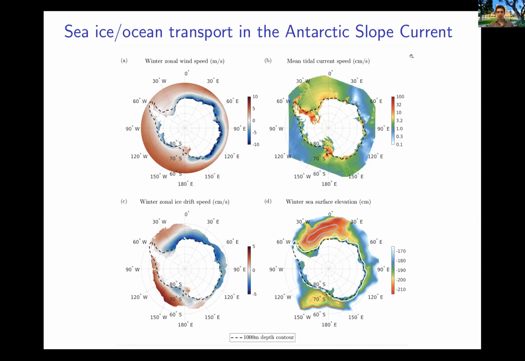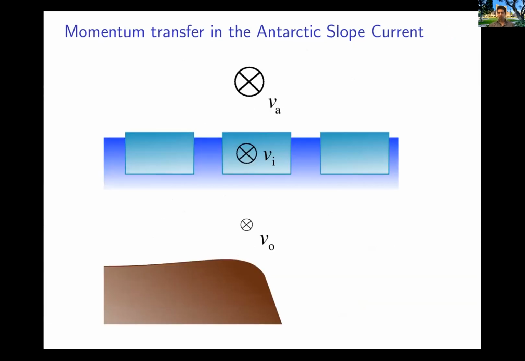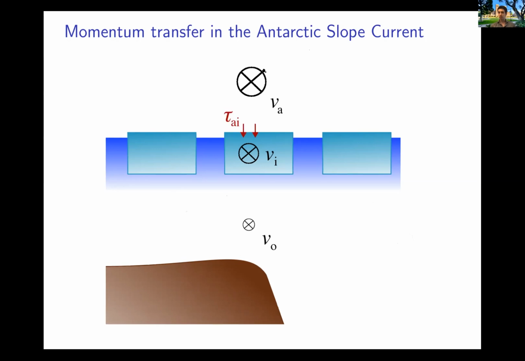So what does drive the flow of sea ice and ocean in the Antarctic slope current? I'm going to pose here a naive expectation, something of a specialty of mine. And that expectation is that as the winds blow to the west over the Antarctic slope current, this is illustrated up here, they transfer momentum into the sea ice field by frictional stresses, probably not too controversial.